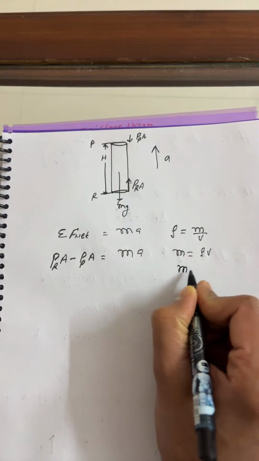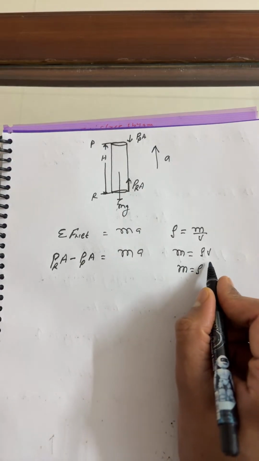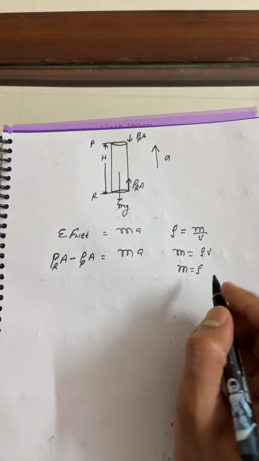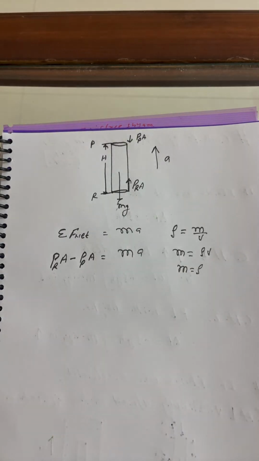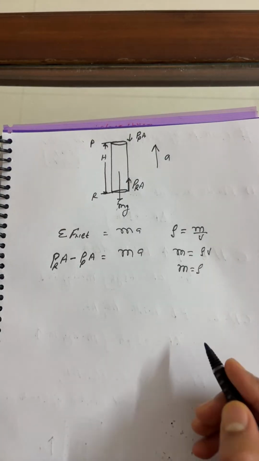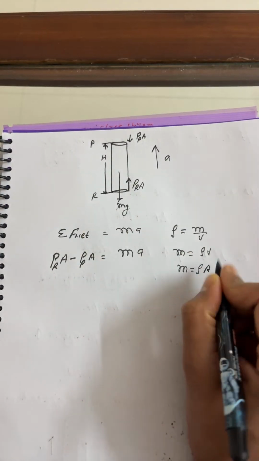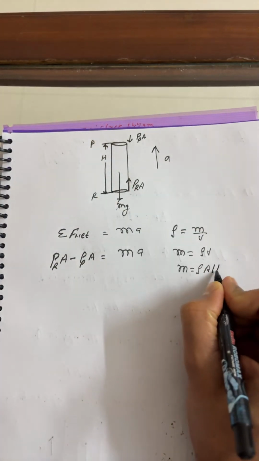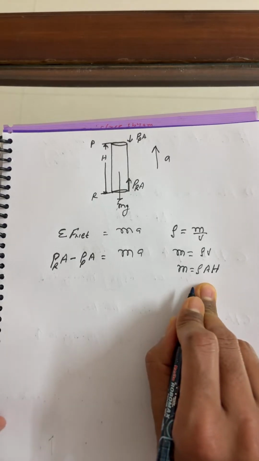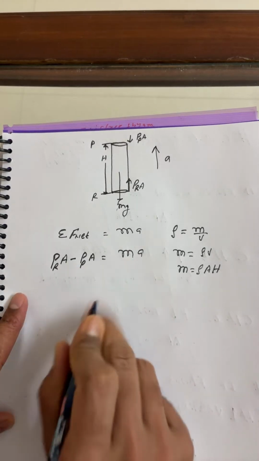So mass is rho into volume, and volume is area into length. Area is A, and the length is H. So mass is rho AH. Now, students, this value can be fed over here.